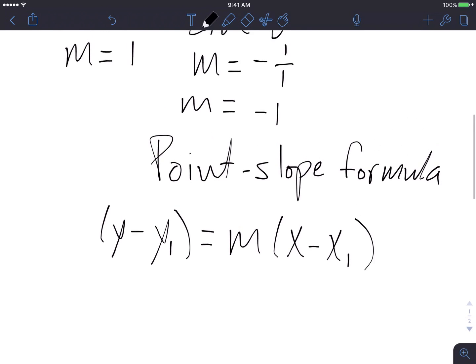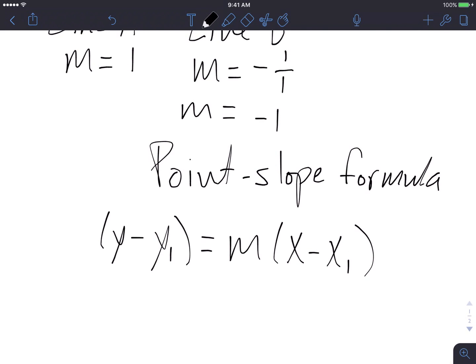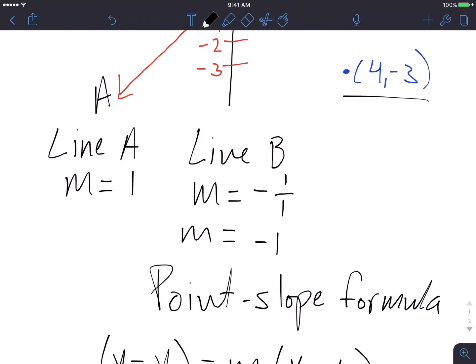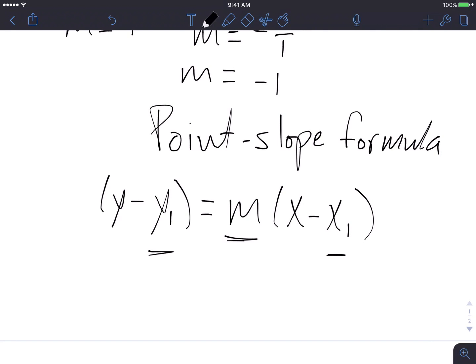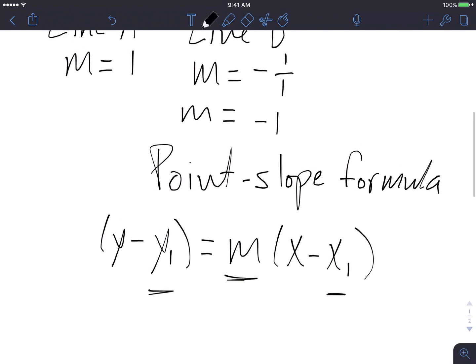Okay? Now the question becomes, this x1 and y1, where are they going to come from? Well, they're going to come from what they already gave you. They already gave us that information. x1, y1.